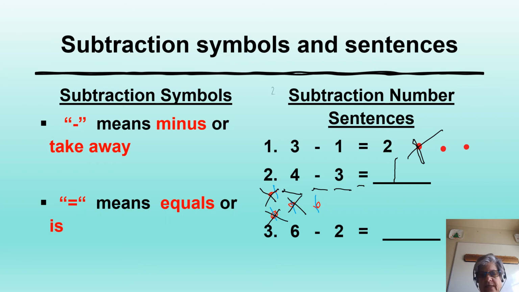These are simple subtraction number sentences. Then look underneath it, and we have another subtraction number sentence. It is 6 minus or take away 2 equals. Now, please get a pencil and write 6 minus 2 equals, and I'll wait.